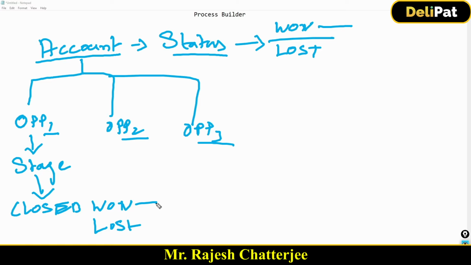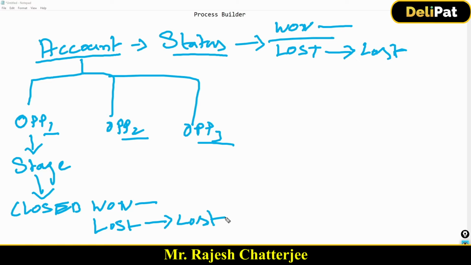Understood? Whenever for a particular account the status is changed to lost, then all the associated opportunities will also be lost. This is the automation that we want to perform.